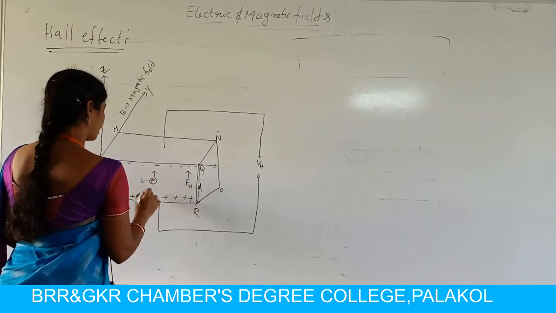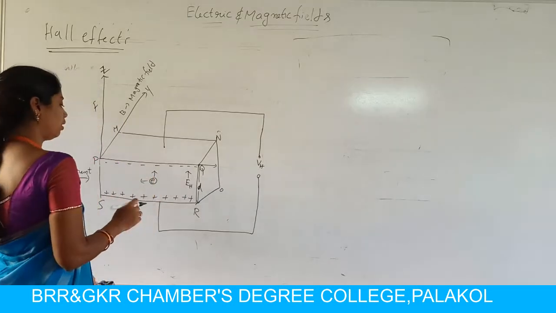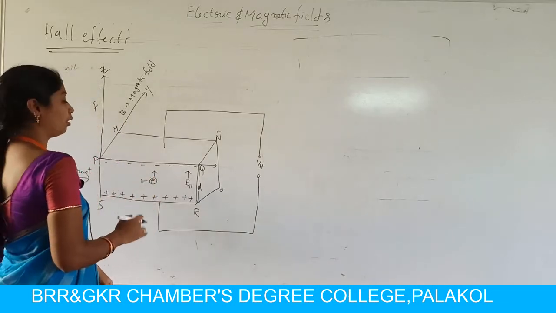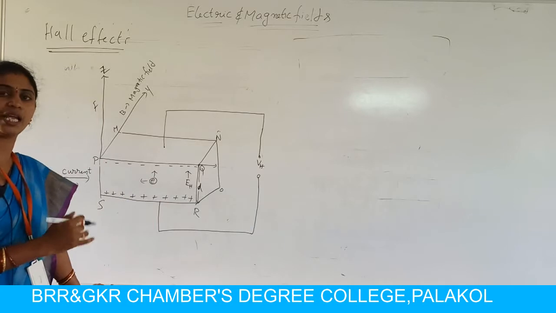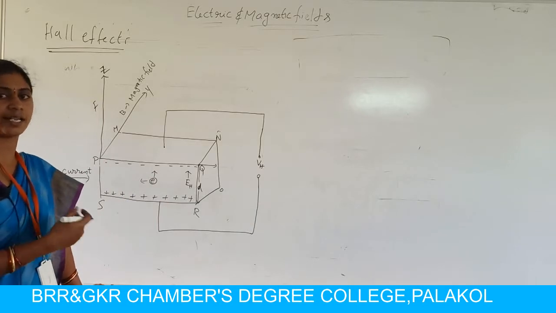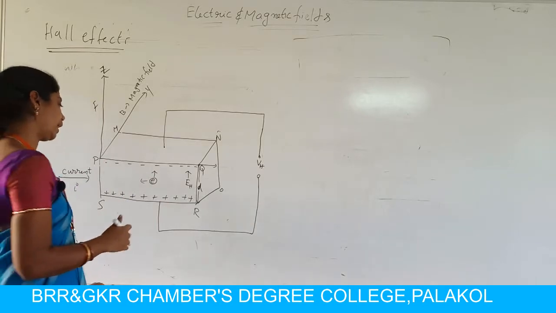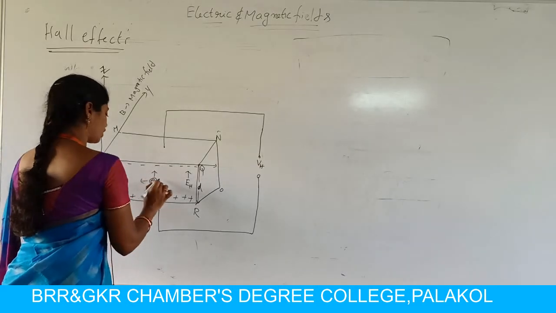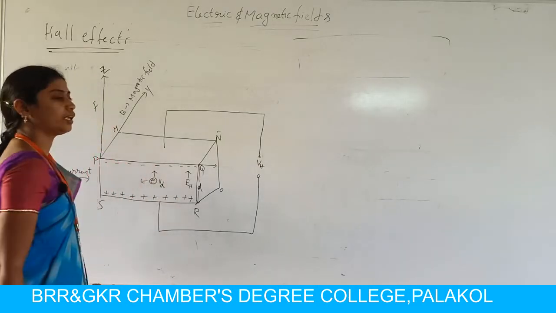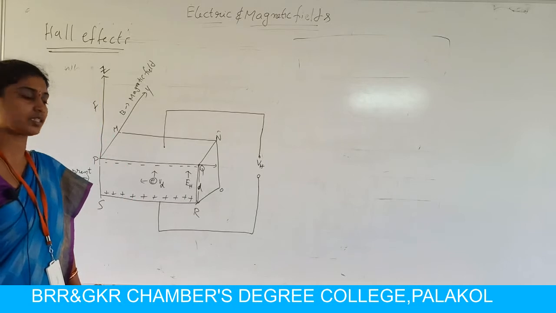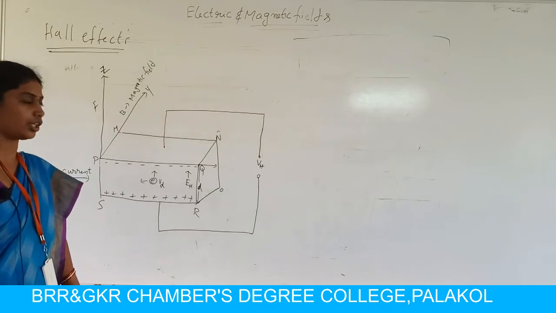Here the charge carriers, whether positive or negative, we don't know. By this Hall effect only, we can say whether the charge carriers are negative or positive. Hence the electrons are drifted, hence the velocity is the drift velocity.